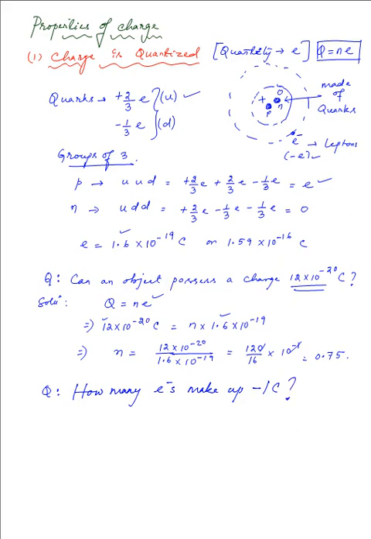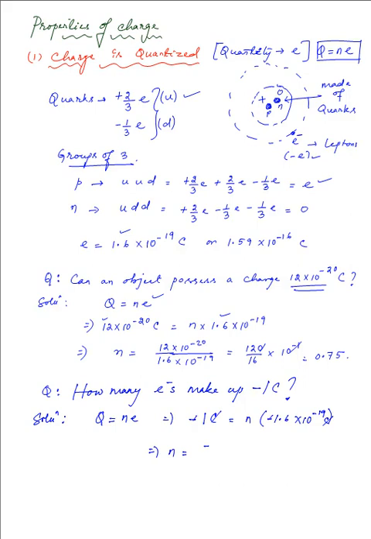So from quantization we know that Q is equal to N times E. Q here is equal to minus 1 coulomb and N is to be obtained. E in this case for the electron that is making up the charge is minus 1.6 times 10 raised to the power minus 19 coulomb. The units are gone, we just have a number, and the negative signs can be taken care of as well.